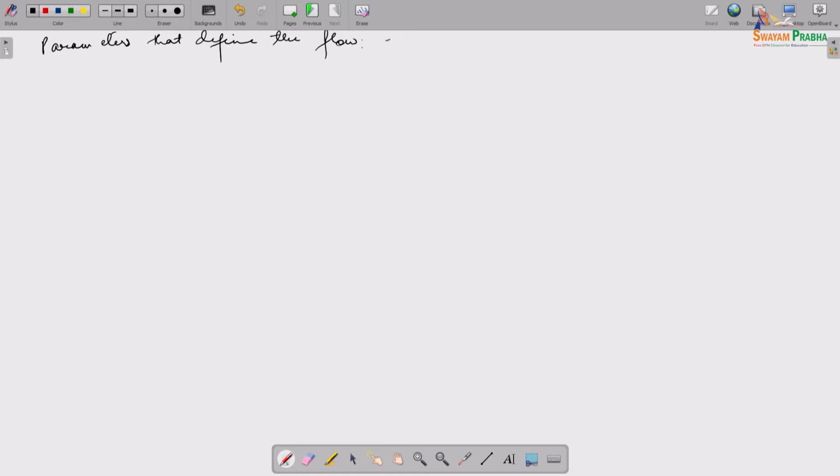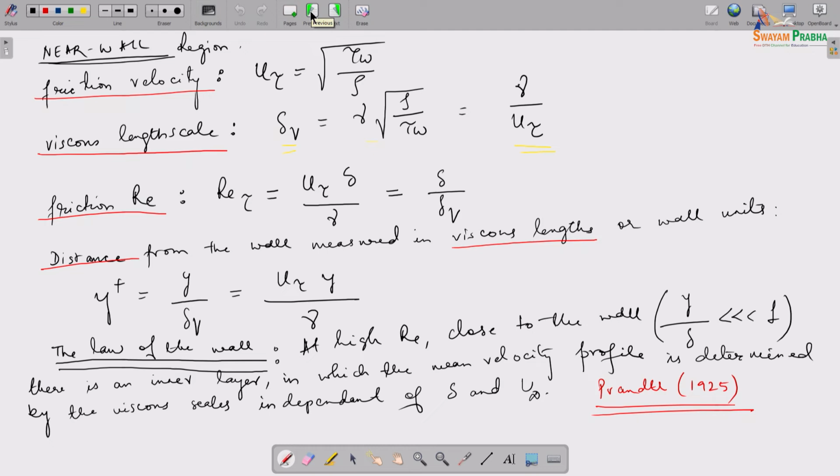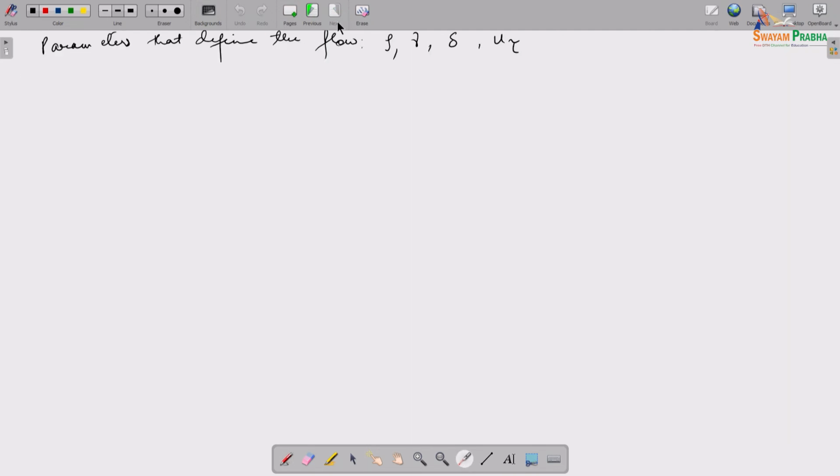Density, viscosity, length, and this is your u tau, right? So these are the things which basically define your flow.